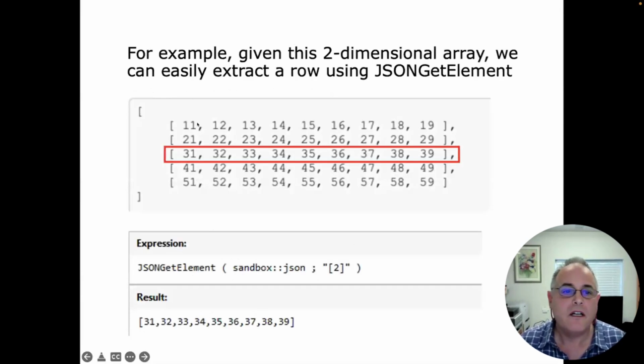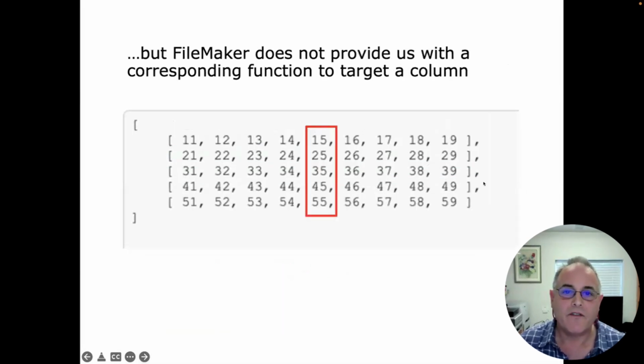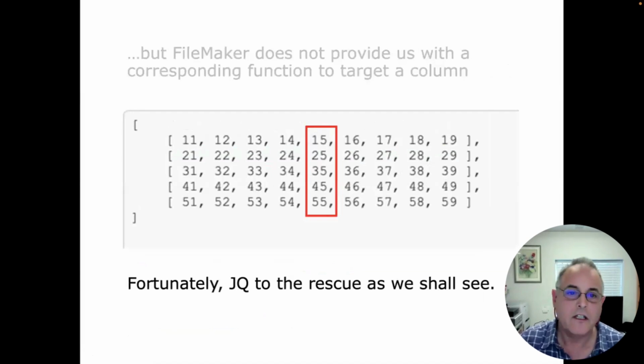So as an example, if you've got a 2-dimensional array, FileMaker gives us JSON get elements. We easily get a row, right? That is very easy. And here I am showing 0, 1, 2. I'm asking for row 2, and there it's returned it to me. But they don't give us a way to get a column. Fortunately, JSONQuery does.